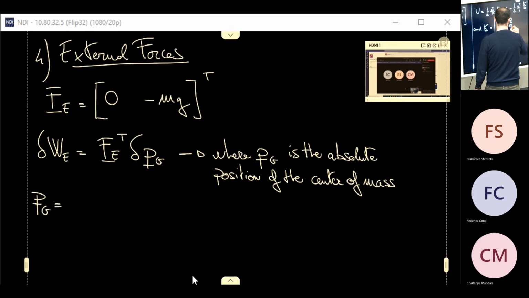Again, with no surprise, this is R plus A, as usual, R over bar of point G. And again, R over bar G is R0G plus the component due to deformation.